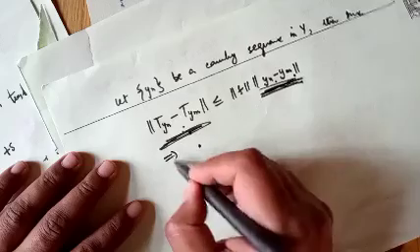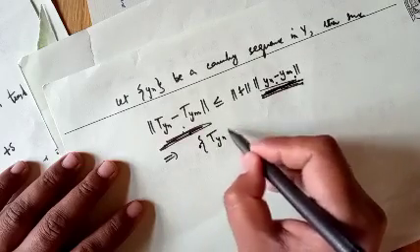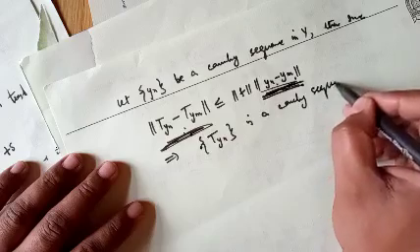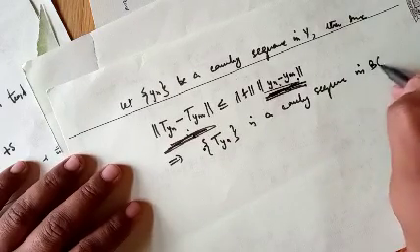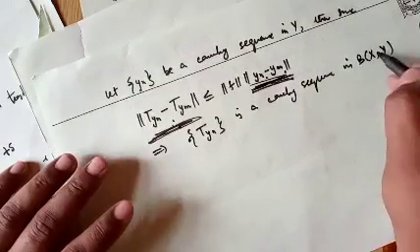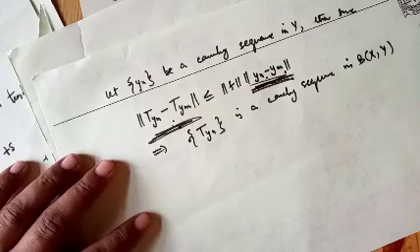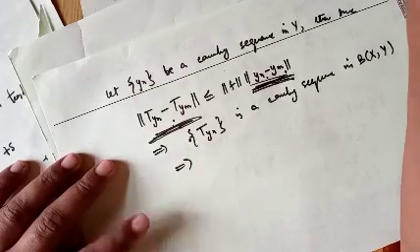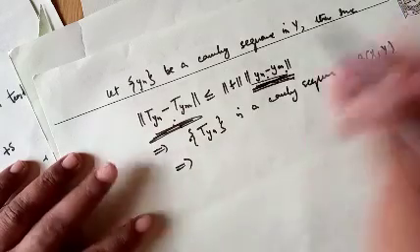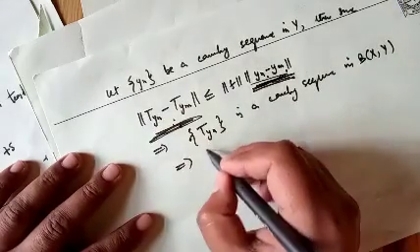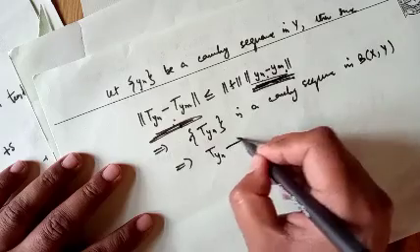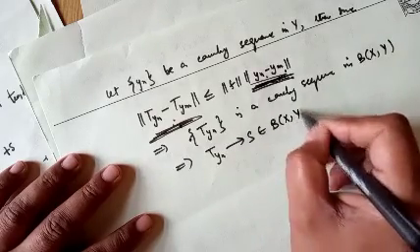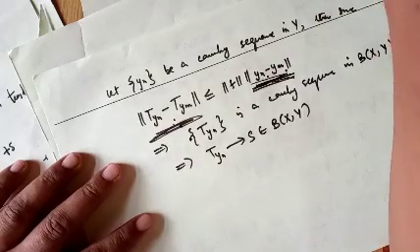Which implies that T_{y_n} is a Cauchy sequence in B(X,Y), but by our supposition B(X,Y) is complete. So there must exist a bounded linear operator inside B(X,Y), let's call that S, such that T_{y_n} converges to S in norm.